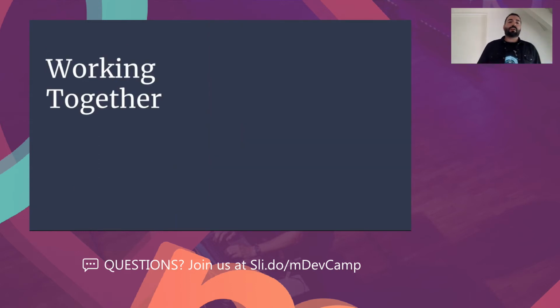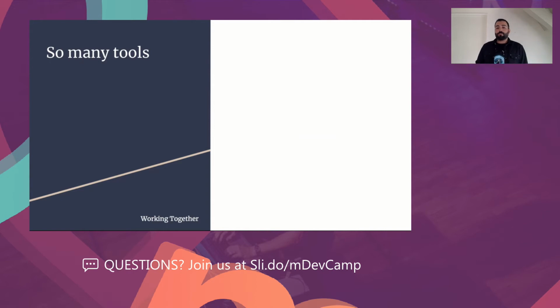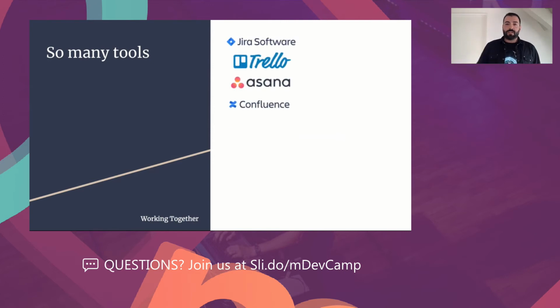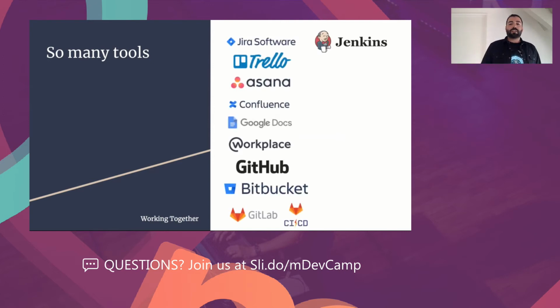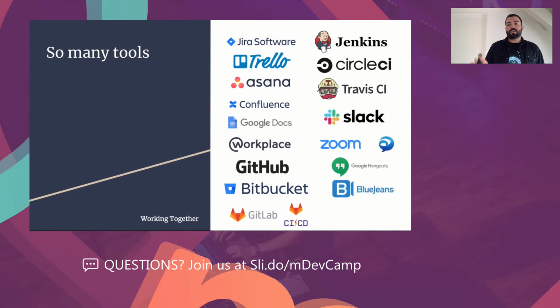So working together is not only about having the language, it is also about different ways of collaboration, right? There are so many tools trying to make this collaboration easier. I'm just going to list a bunch of them, but the idea is that all these tools are there to help you, right?